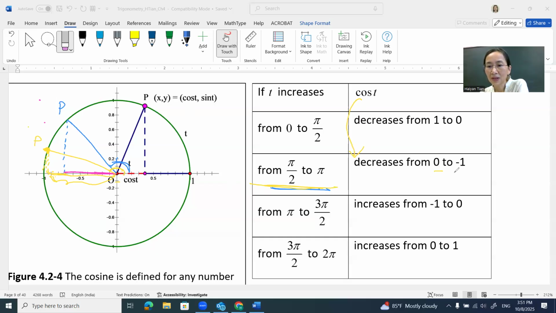It's negative until the smallest value will be -1 when the point is here, right? When the point is here, that corresponds to pi. So when your t is pi, then you get -1.